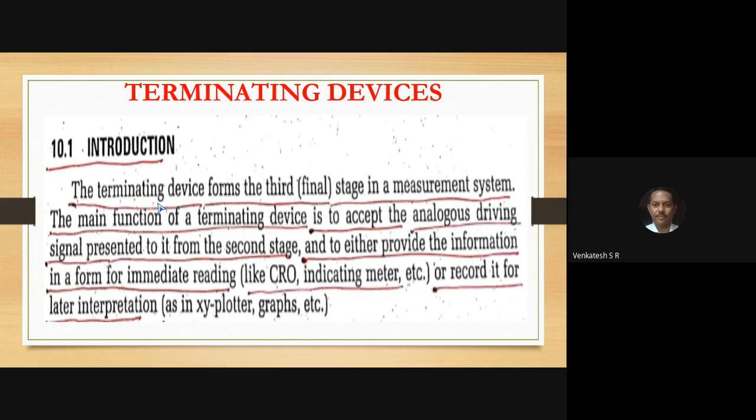That is nothing but the final instrument that gives the result of the measurement. That is the introduction.